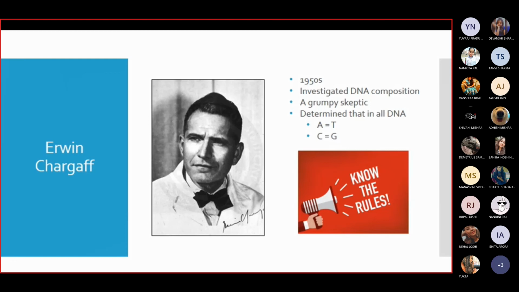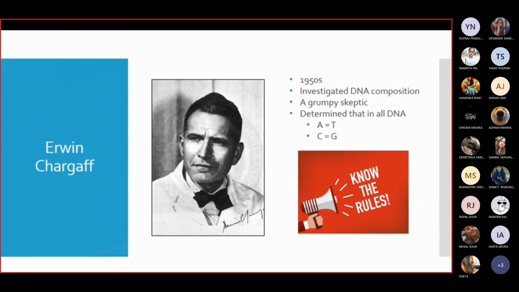So the amount of thymine was equal to the amount of adenine, and the amount of cytosine was equal to the amount of guanine. Now, this led to what is known as Chargaff's rules. And the rules are, in any species, the ratio of A to T is 1:1, and G to C is also 1:1.